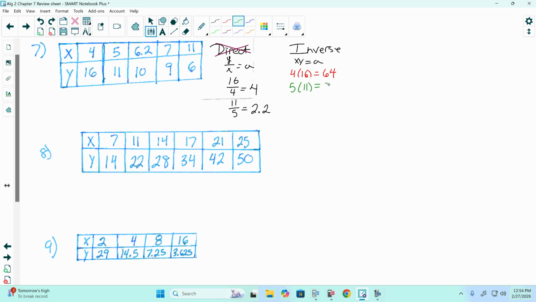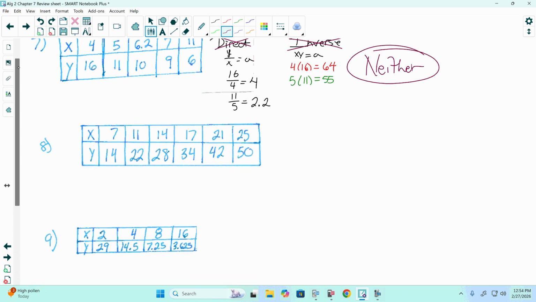Our next one's 5 times 11, which is 55. Those numbers are not the same. It's out too. Both of them are gone because those are not the same number, which means this has to be neither. Doesn't work. It's not direct or inverse.